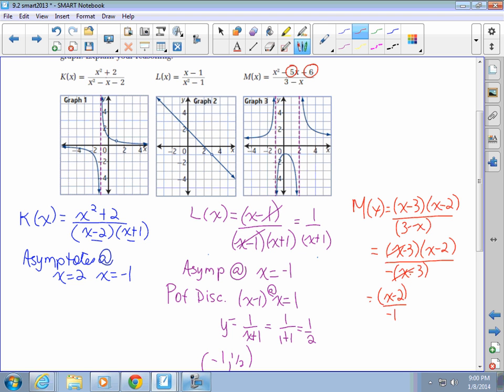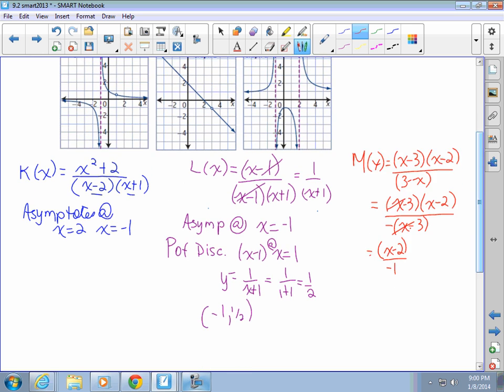Okay, so my two rules are, first one says if something does not cancel, then I have a vertical asymptote. So if I look in my denominator, everything canceled. So that means no vertical asymptote. If something cancels, then I have a point of discontinuity.